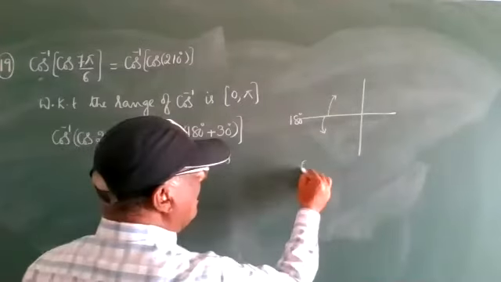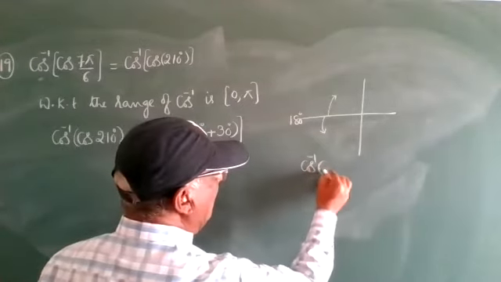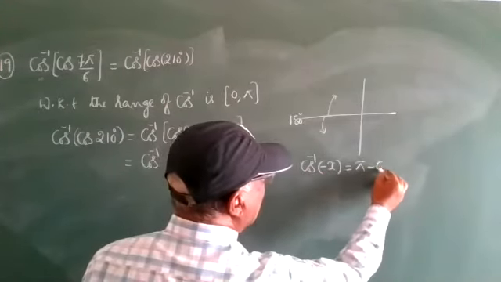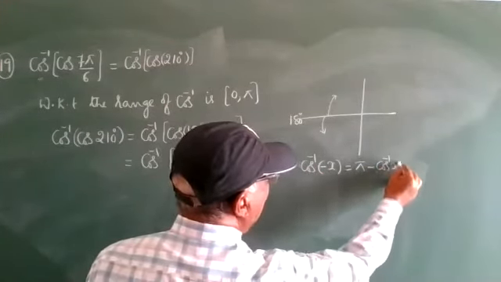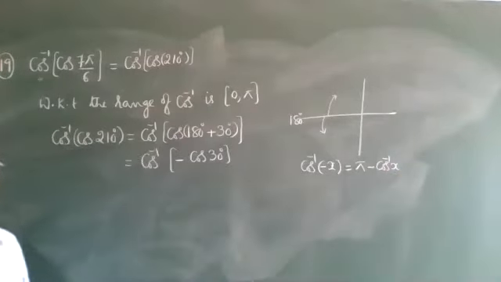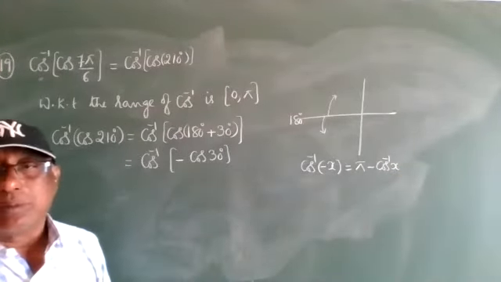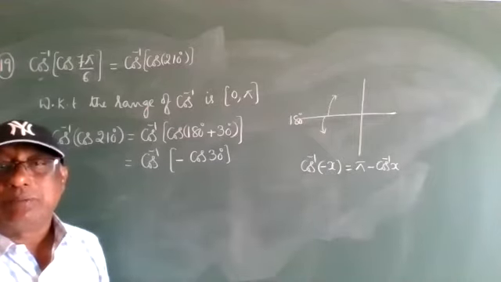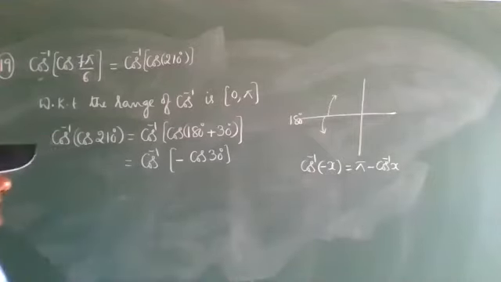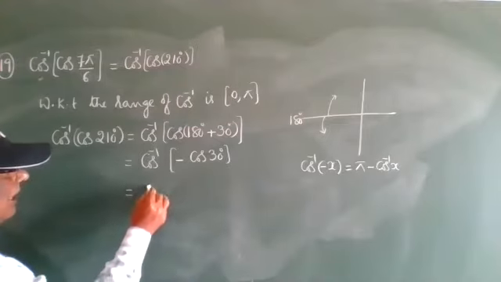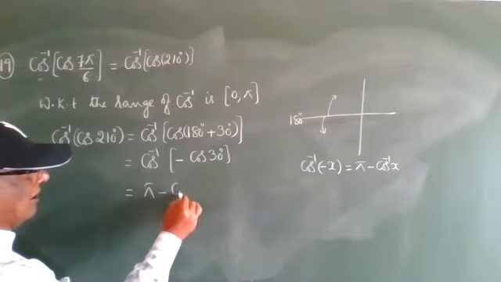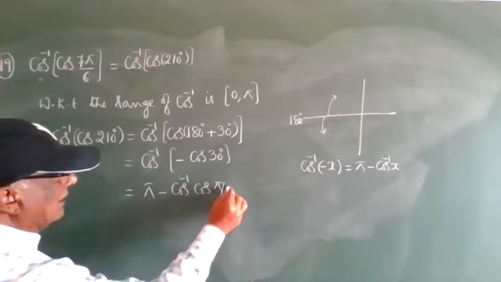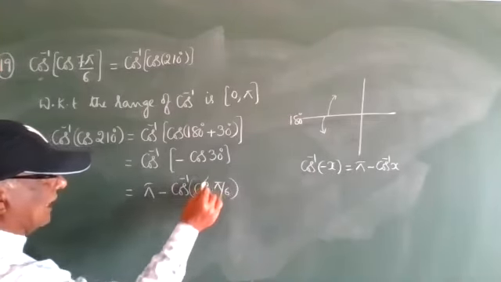Next, cos inverse of minus x is equal to pi minus cos inverse x. By the negative property, cos inverse of minus x is pi minus cos inverse x. Now write down pi minus cos inverse of cos 30 degrees.